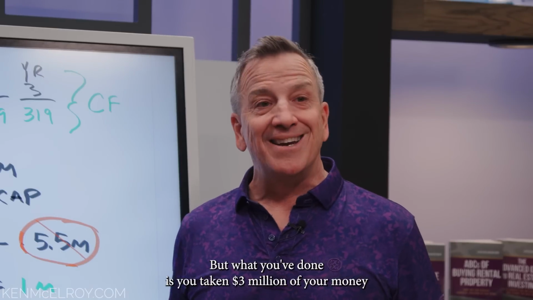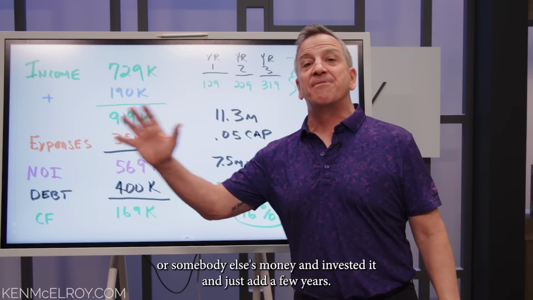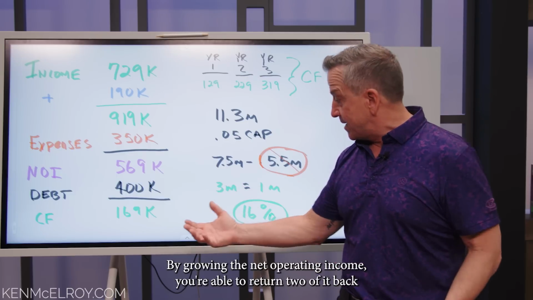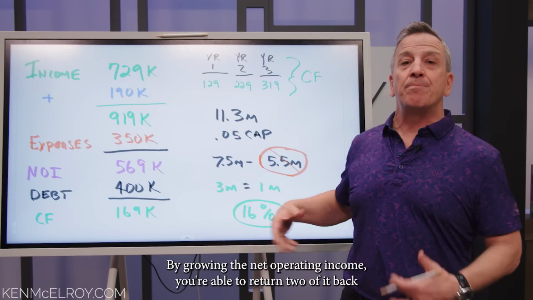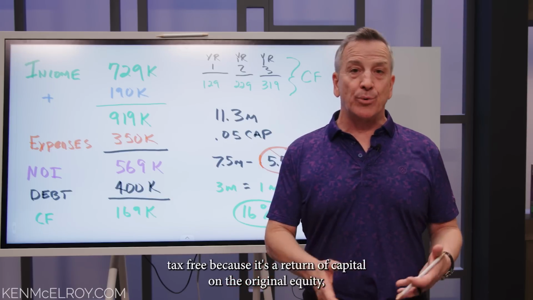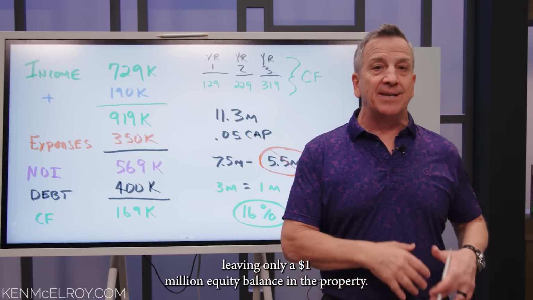But what you've done is you've taken $3 million of your money or somebody else's money and invested it. And just in a few years, by growing the net operating income, you're able to return $2 million of it back tax-free because it's a return of capital on the original equity, leaving only a $1 million equity balance in the property.